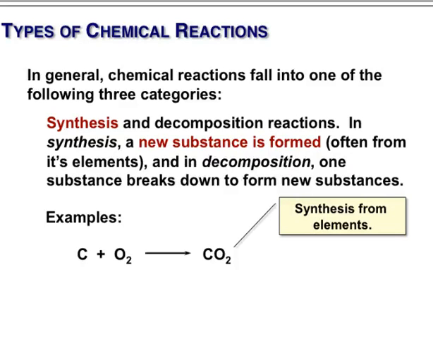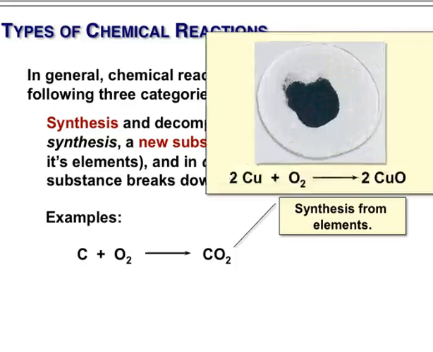We've done a synthesis reaction in lab. Remember, we took copper, we heated it up, got that black goo on it, rubbed it off on a chem wipe. That was copper 2 oxide. That's a lot of it. You just had a little bit. That, again, is a synthesis reaction starting with elements.